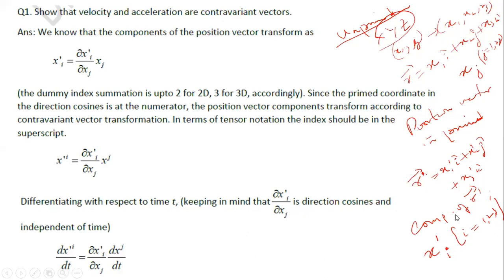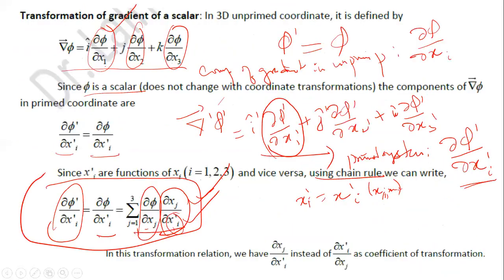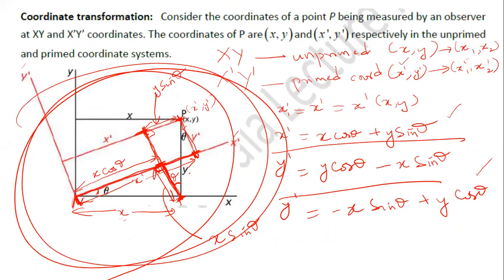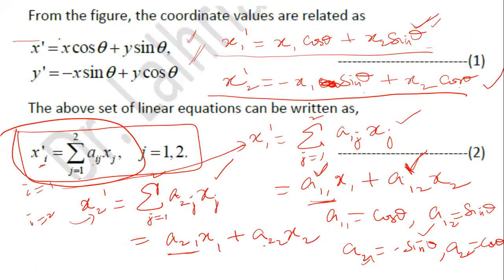So like we discussed in the previous lecture, when we write down the transformation relation here, I think I'll just show you where I did it. Yeah, here the position vectors. This is just a two-dimensional space. In a two-dimensional space, we have written down the transformation coefficient for the components of the position vector, right?